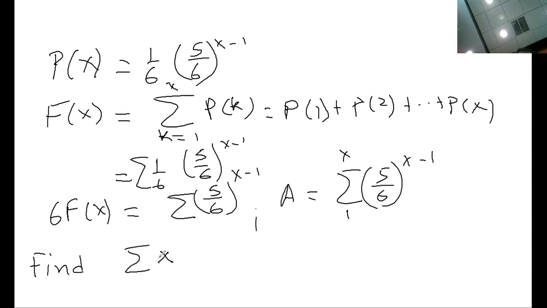Sum of x^n, n from 0, let's say from 0 to infinity. But in order to do this, we first need to find S_n equals the sum of n equals 0 to, I'm sorry, not infinity, 0 to capital N.